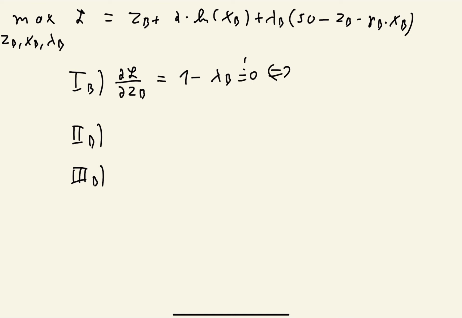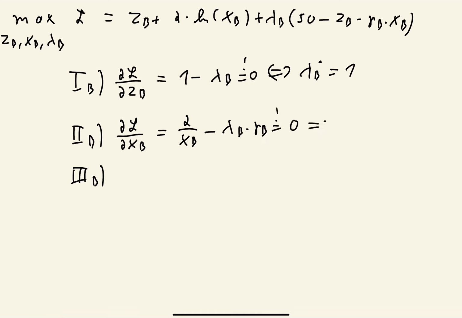Then we have lambda B star is equal to 1. Next, we take the derivative with respect to XB. This gives us 2 divided by XB minus lambda B times PB, which should be equal to 0. Now we know that lambda B star is equal to 1. Then we substitute it for lambda B here, and we end up with XB equal to 2 divided by PB.